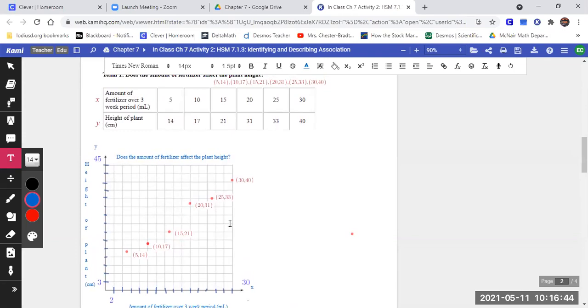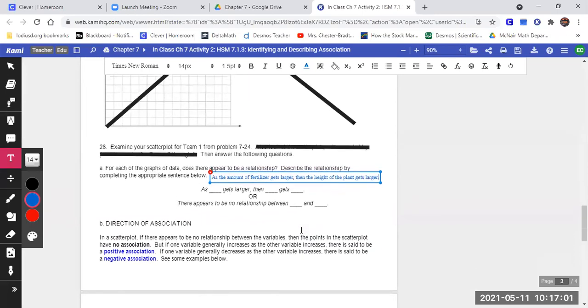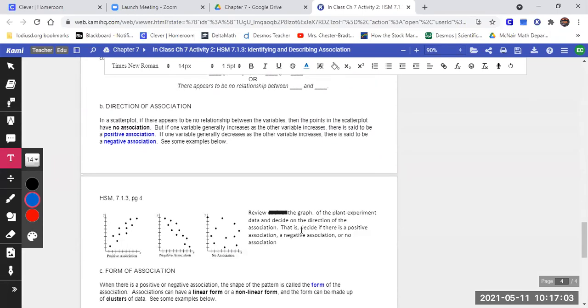So remember, positive is low left, high right. Negative, high left, low right. And then nothing is, they're just all over the page. So what are we going to say? Are we saying that we have a positive relationship or a negative relationship or no relationship?